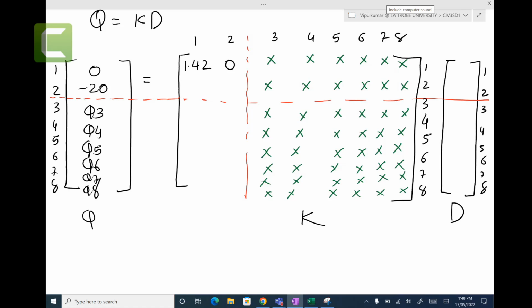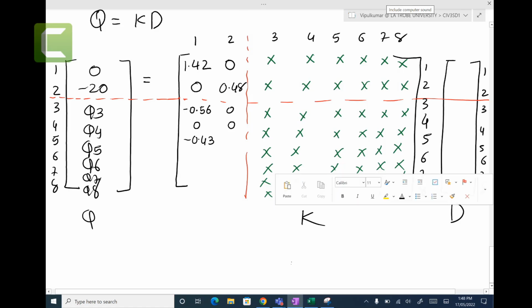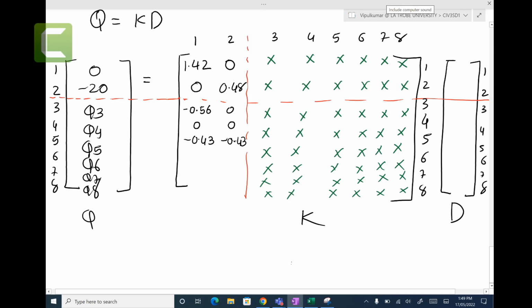Yep. So 1.42 here. 0 maybe. Here 0 as well. 0.48. Okay. Here. Negative 0.56. 0, 0, 0. Negative 0.43. Negative here as well. 43.